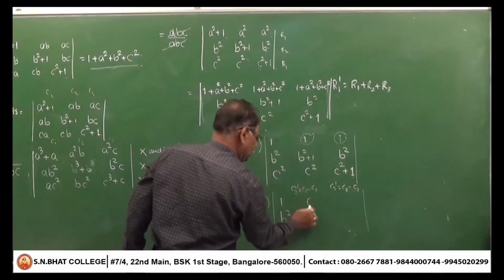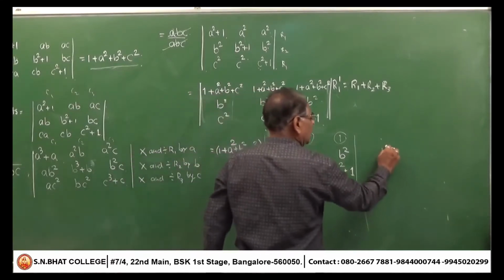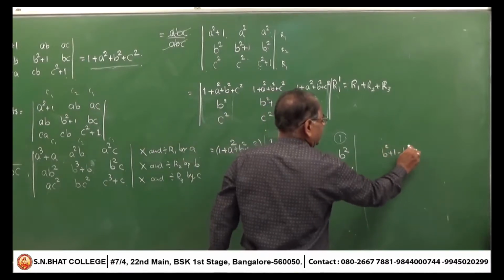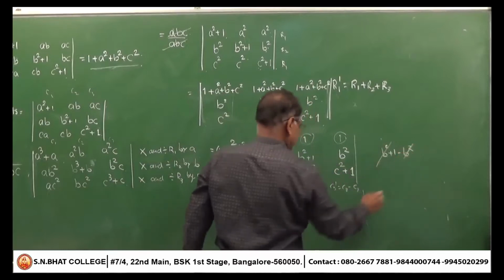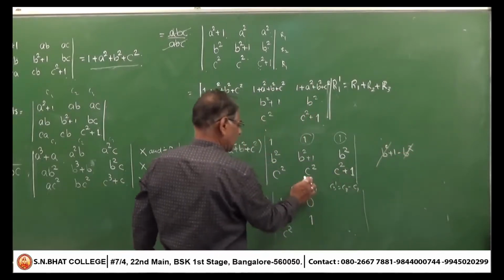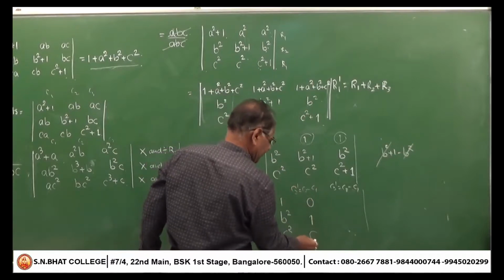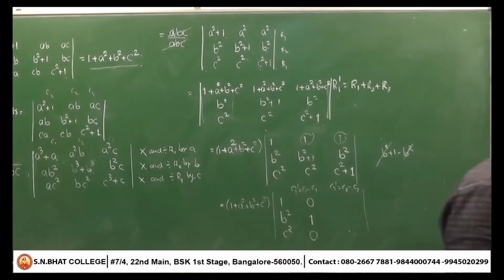1 minus 1 is 0. B square plus 1 minus B square. B square plus 1 minus B square, these two get cancelled, 1. C square minus C square is 0. C square minus C square is 0.